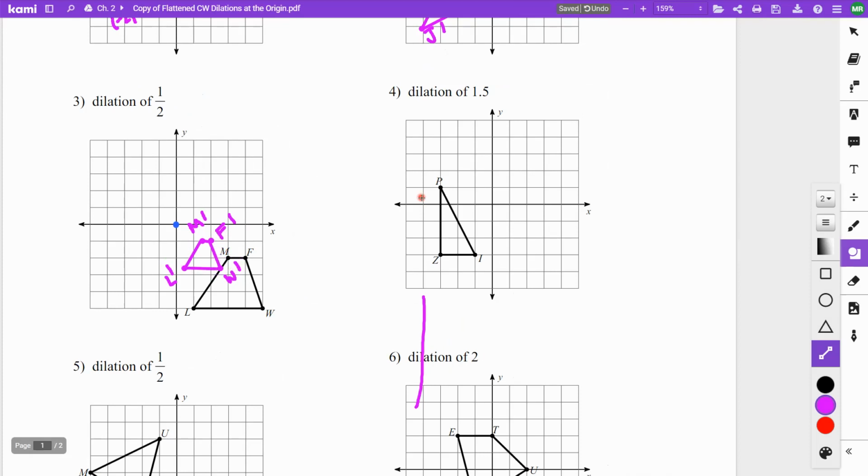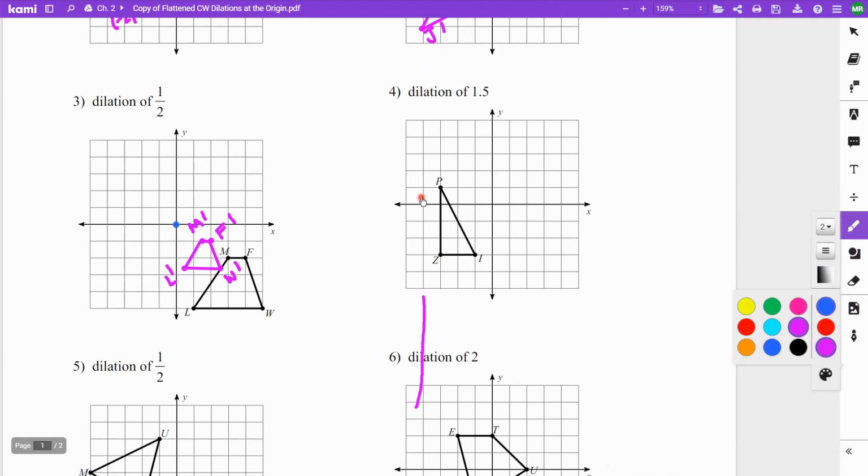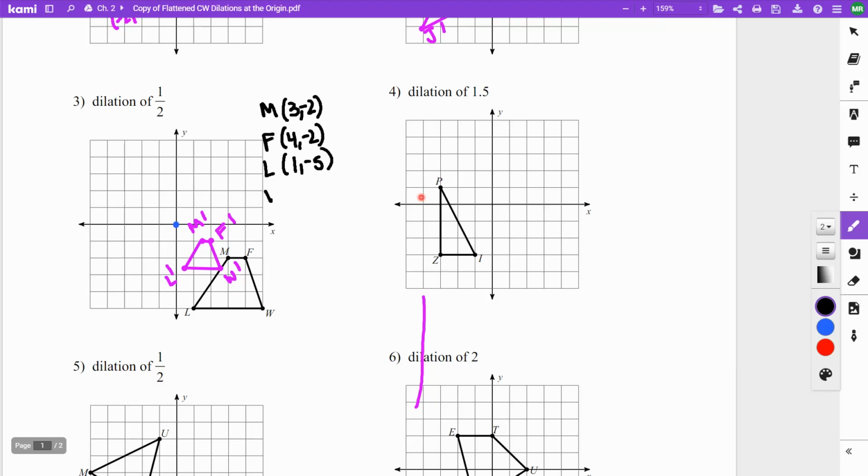there's my shape. And for this one, again, I could have taken the coordinates, where M is 3 comma negative 2, F is 4 comma negative 2, L is 1 comma negative 5, and W is 5 comma negative 5, and times each of these by a half. I'm just going to write it at the top.